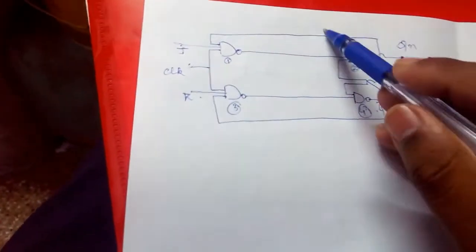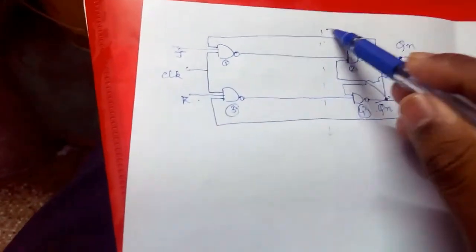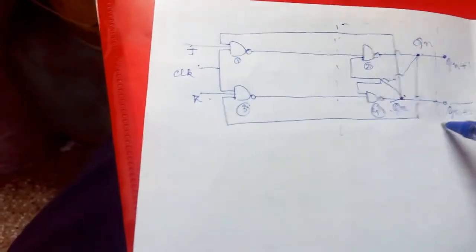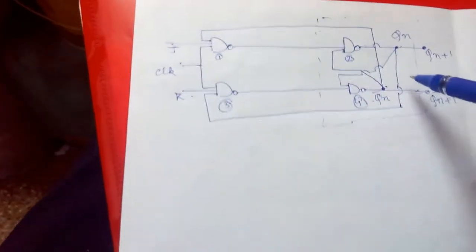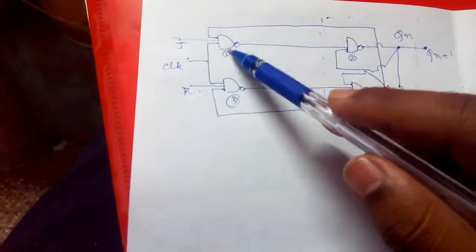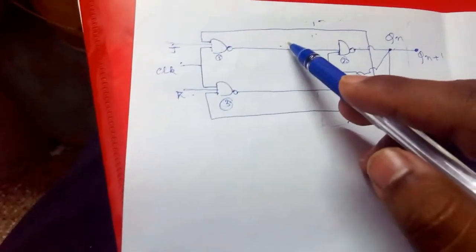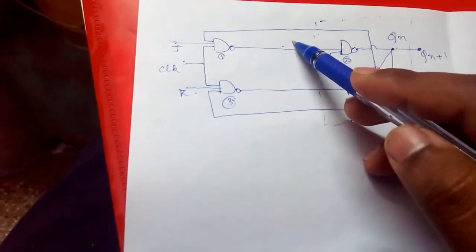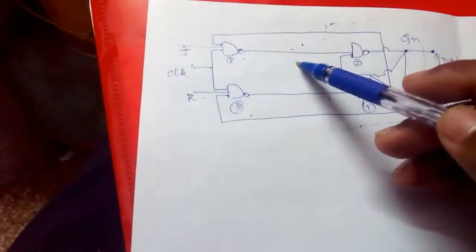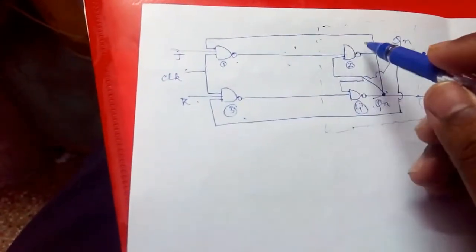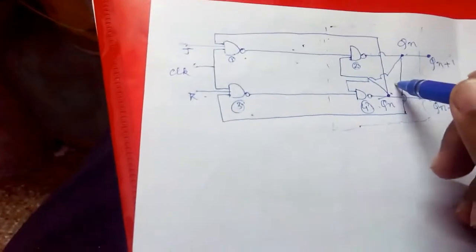Here the NAND gates 2 and 4 are the active low conditions, which means that whenever either the output from 1 or 3 is 0, then there would be a change in the output.